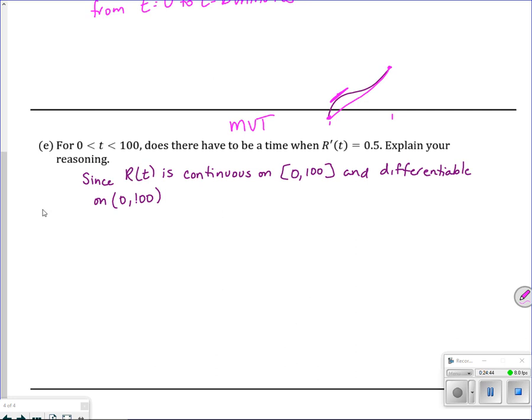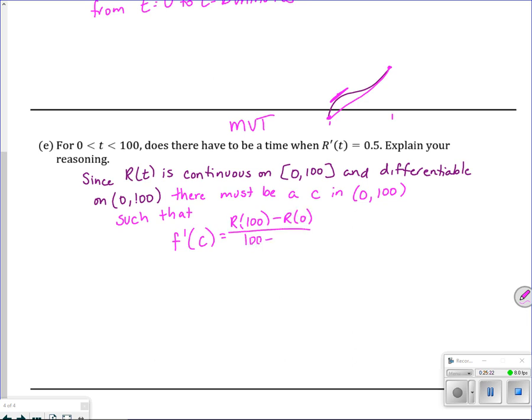So I'll say it like this: since R of T is continuous and differentiable on that, there must be a C in the interval from 0 to 100 such that f prime of C would have to equal the difference of the y's over the difference of the x's.